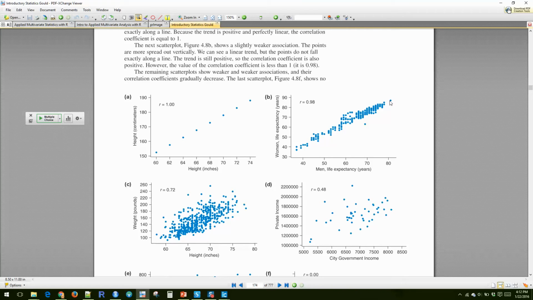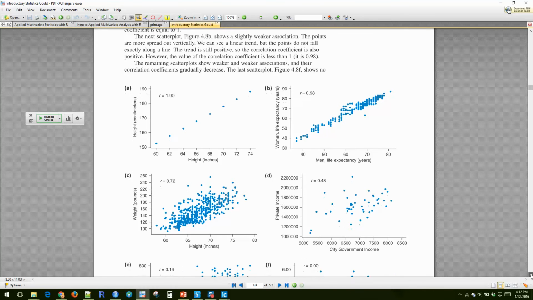I think Japan has the highest life expectancy right now, both for men and women. Other developed nations have high life expectancy for men and high life expectancy for women. Here's a slight oddity where you've got lower life expectancy for women than men. I don't know what country that is, but overall, you can make very good predictions.